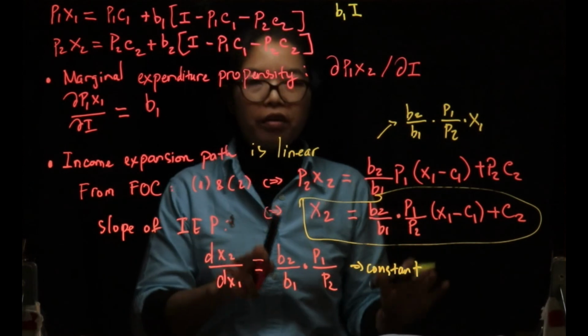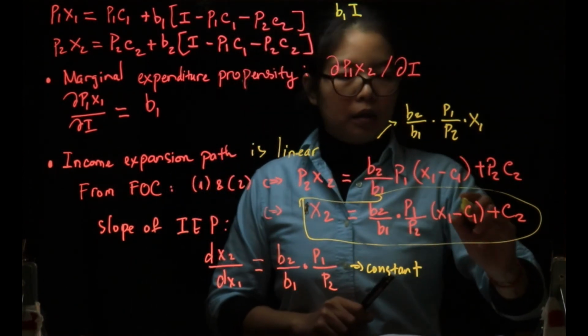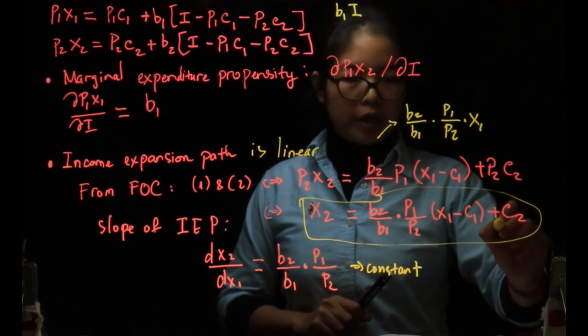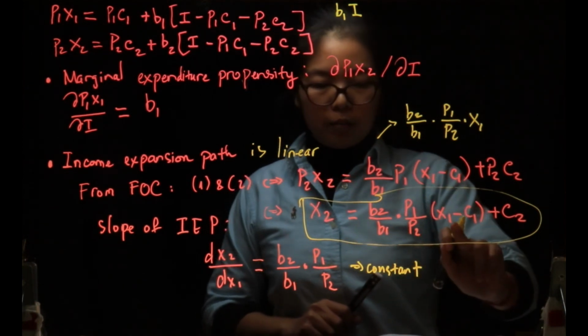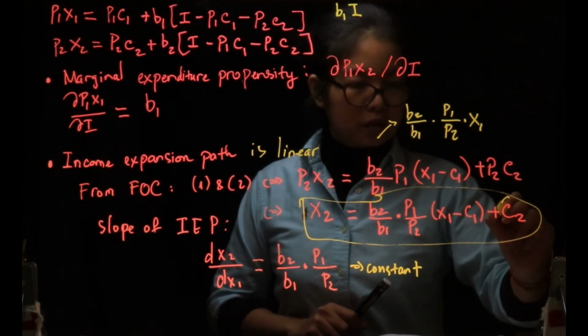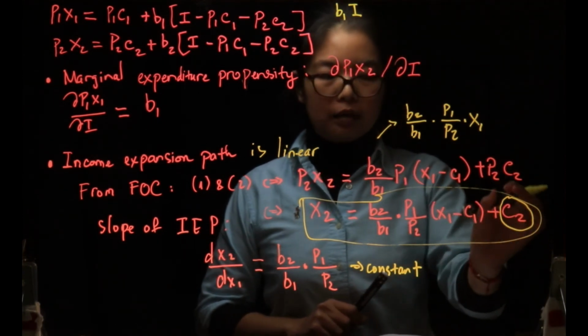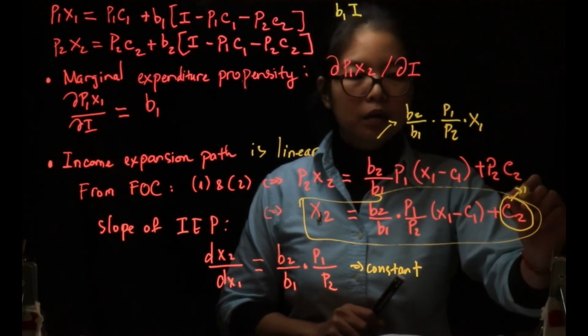Now, however, different from the case of the Cobb-Douglas utility function before, now in the equation of the income expansion path, you have this C2, a constant standing alone. So that means there's like an intercept.